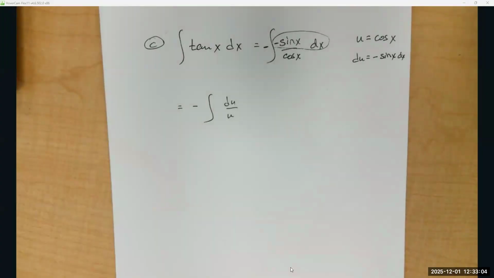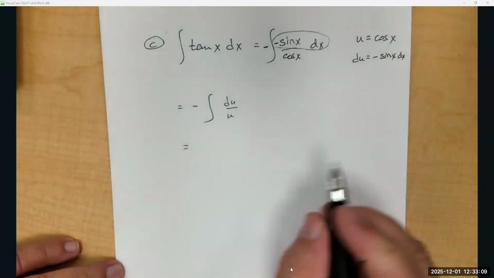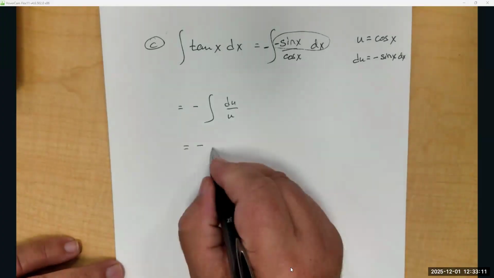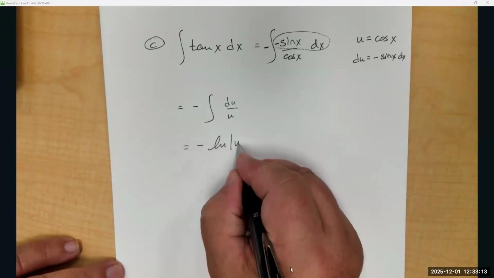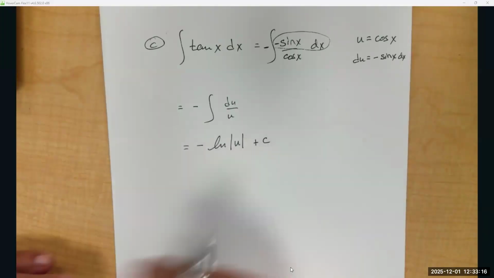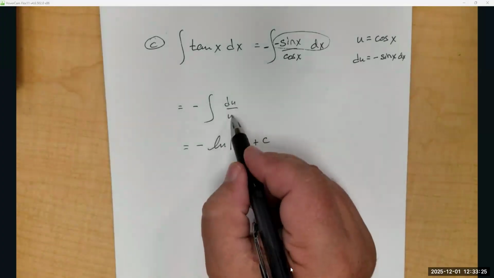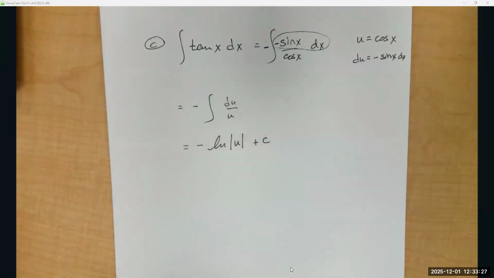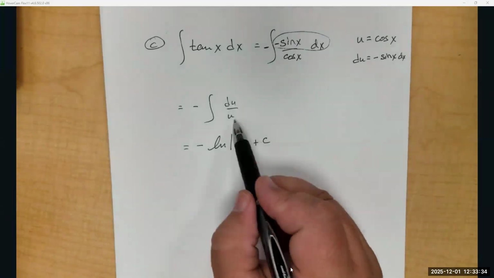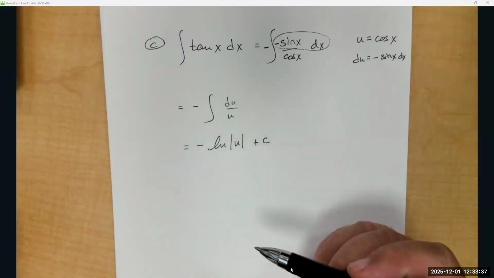Do we have an integral of du over u? Remember the derivative of ln? It was du over u. Look at your sheets. The derivative of ln is du over u. So the integral of du over u is ln u.